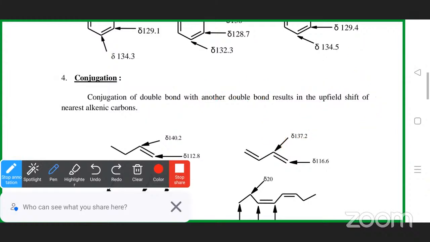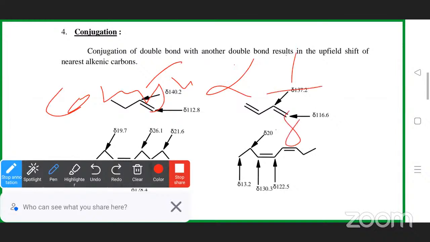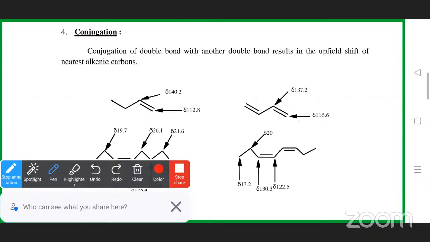Due to unconjugation, we have a peak at 140.2 value, and here, involving the conjugation, the delta value decreases, it becomes 137. The conjugation is inversely proportional to the delta.